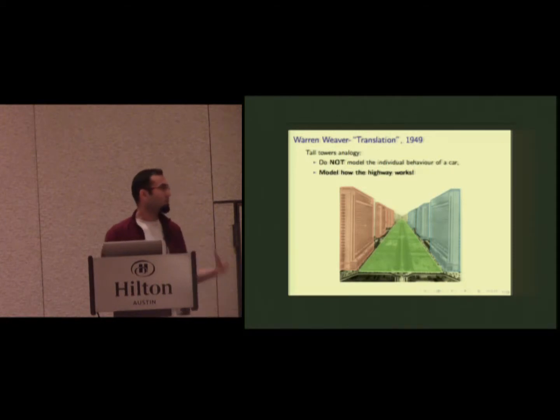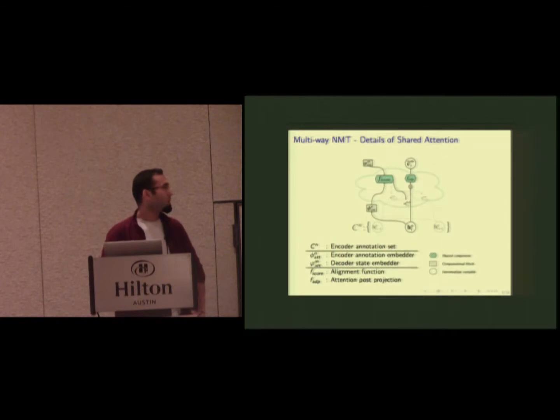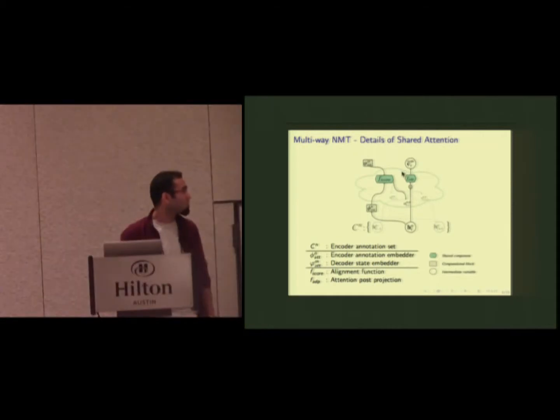They've used a more complicated attention function, but basically think about this cloud as a more involved function, which consists of two subfunctions. And it looks at the encoder annotation set. This is the encoder annotation set. An attention function first generates a distribution over this set, which we call the alignment distribution.